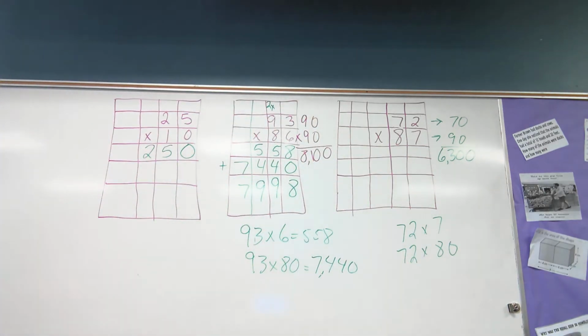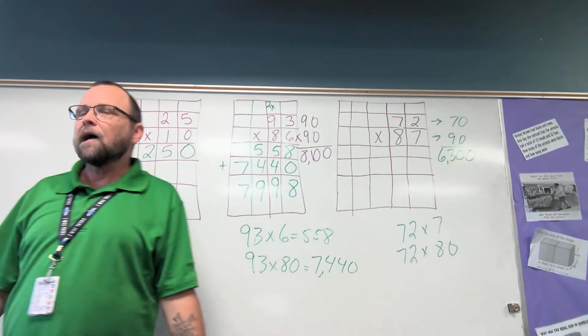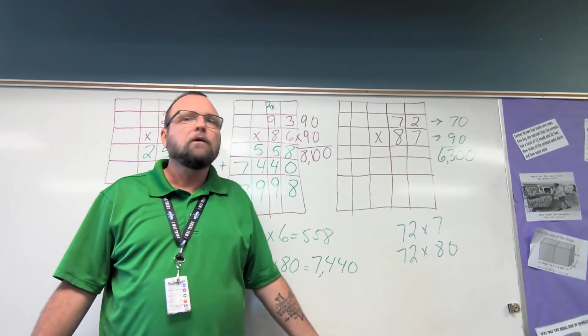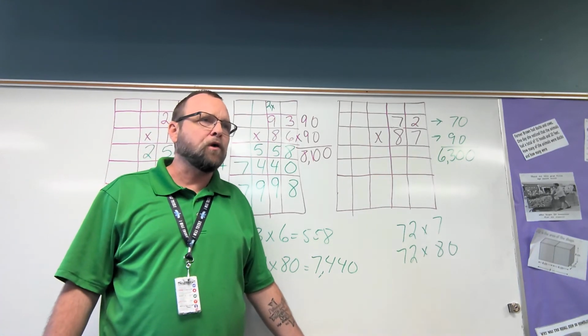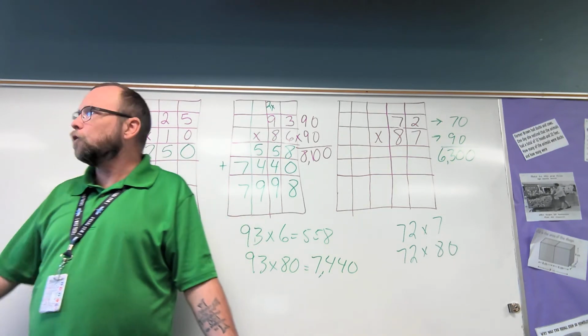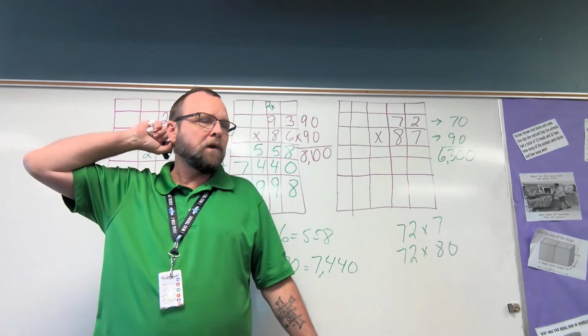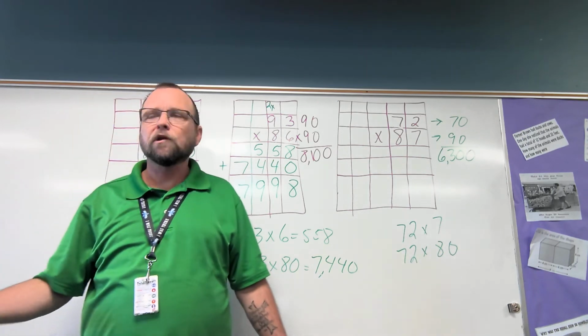If that makes it easier for you, do it. I don't care how you do it. Whatever's best for you. I need you to be able to get the right product. I don't care if you do it with the other methods that you may have learned. I just want you to get the correct answer.